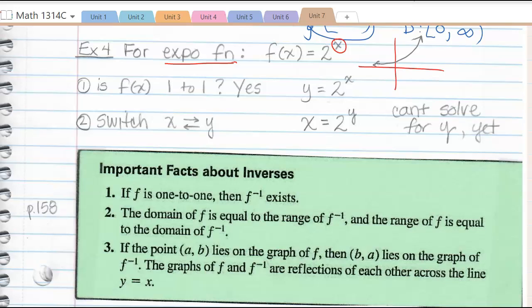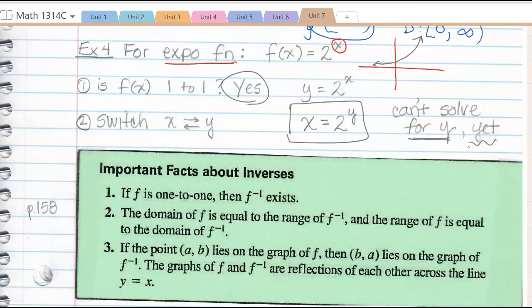So that would be our parent function. We can see that it is one-to-one, so that's a yes. So then the next step we would have to do is to switch our x and y. So we would switch them, and that's what we have here. Then our next step is to solve for y. But we don't know how to do that yet. That's what we're going to talk about in the upcoming lectures.